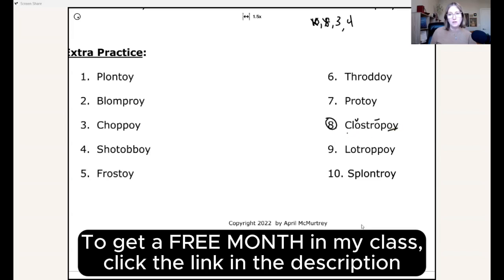We have k, ah, s, t, O, P, oi. Claustropoi. Focus on these three sounds, those three consonants, making sure that you say each sound as it's intended. Claustropoi. Really articulate each of those three sounds. How'd you do on that one? Y or A? Yes or almost? Good. Okay, thank you.